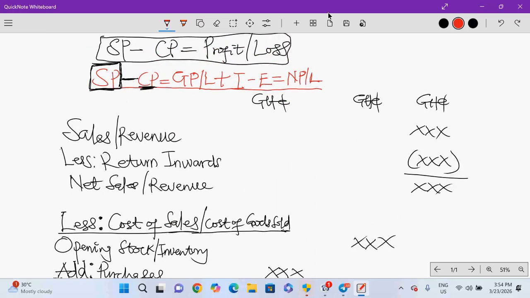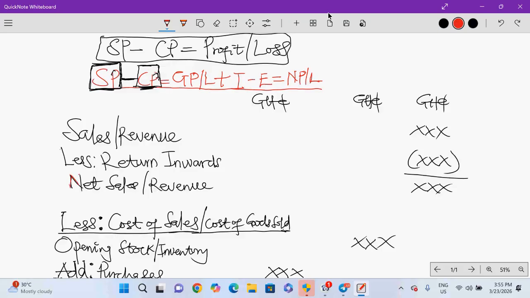We are done with the preparation of the CP. We started with the SP, less returns here. Now we are done with the CP.